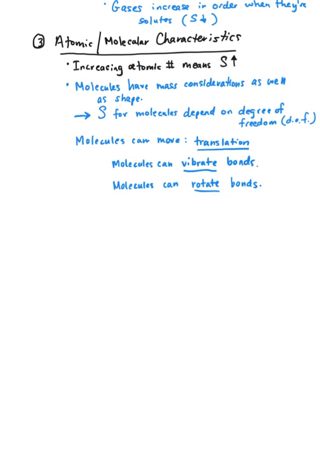Generally speaking, the more degrees of freedom, or ways that we can distribute these motions, the greater the entropy for a molecule. And we can summarize that by saying that as molar mass goes up, the number of degrees of freedom go up. So the entropy of a molecule goes up. So the heavier a molecule, the more degrees of freedom it has, and therefore the more entropy it can have.